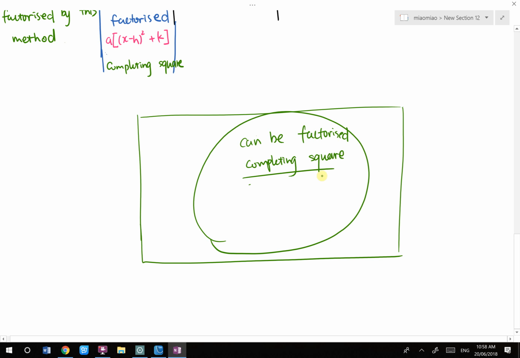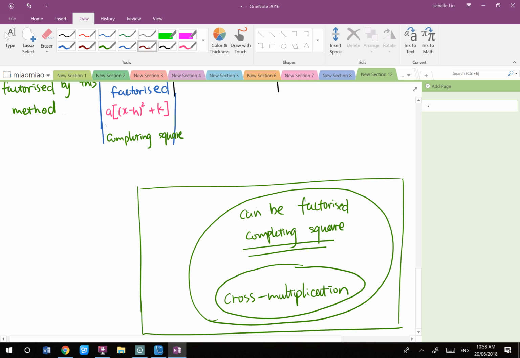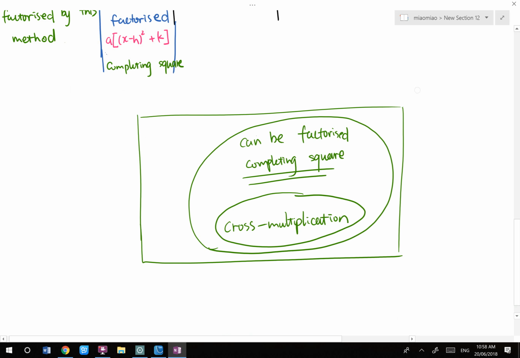It definitely can be done by completing the square, but only part of the things here can be done by cross multiplication. Some of you may use grouping, but they are the same method. And then the rest of it is what cannot be factorized.